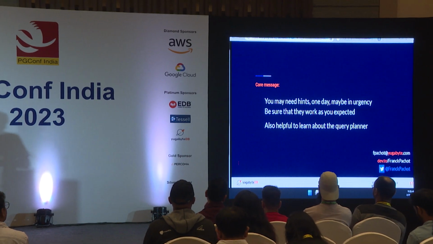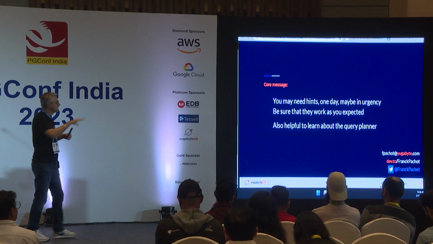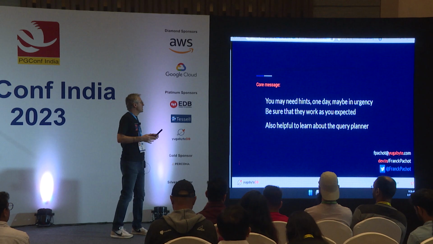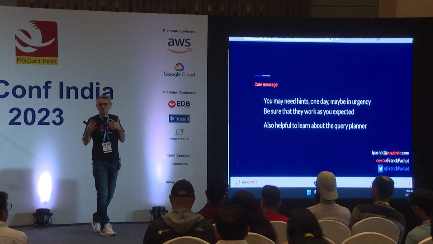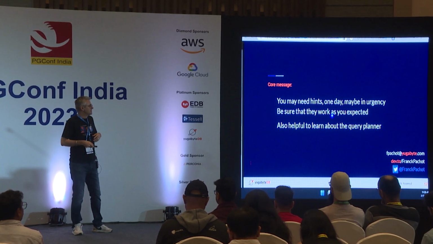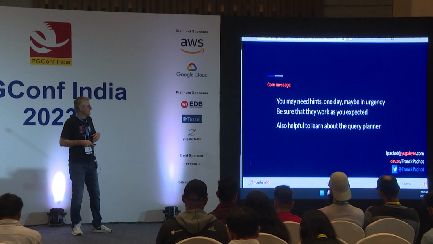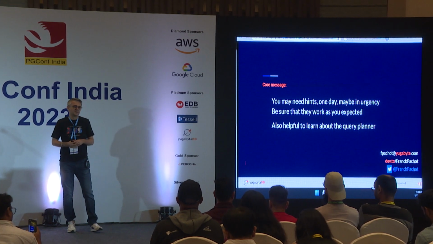Okay, and then the core message of it: you may need it. One day you will need it, so better understand, know about it before it is critical in production. And it's a very good way to understand the query planner.